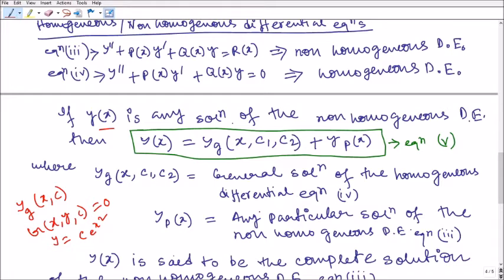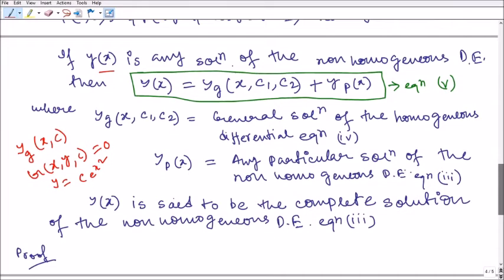So let me repeat again that if y of x is any solution of the non-homogeneous differential equation, then y of x can be written as a combination of yg plus yp, where yg is the general solution of this homogeneous differential equation and yp is any particular solution of this non-homogeneous differential equation.